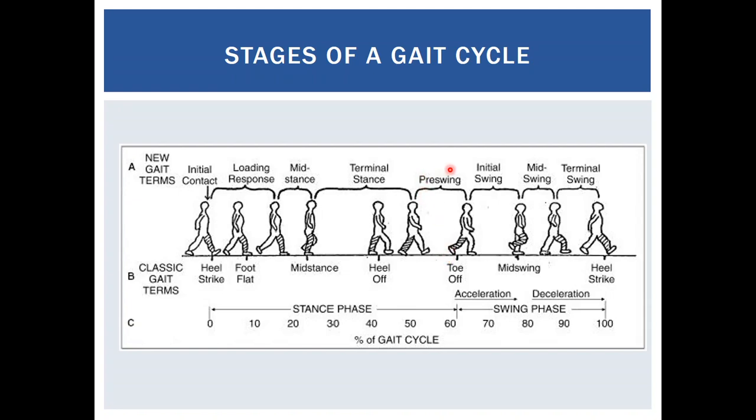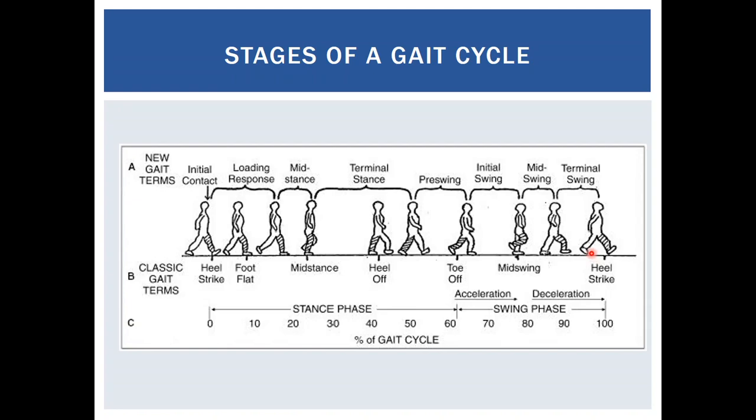So then you have this pre-swing, because the leg that was initially planted firmly is now lifting up, and then this leg swings forward, and then becomes the forward leg again. So that is the initial swing. The mid swing is where the shaded leg comes from being in the back to being in the front, and finally the terminal swing is when the heel strike of the shaded leg occurs. So this is the whole gait cycle.